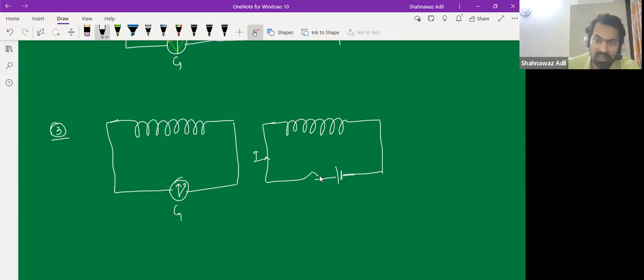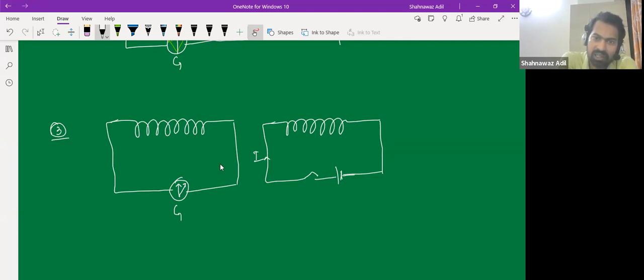But momentarily, when the current started to flow in the circuit, some flux changed in this device, and then it produced some EMF, right? So these are the three cases. Is the third case clear to you guys?